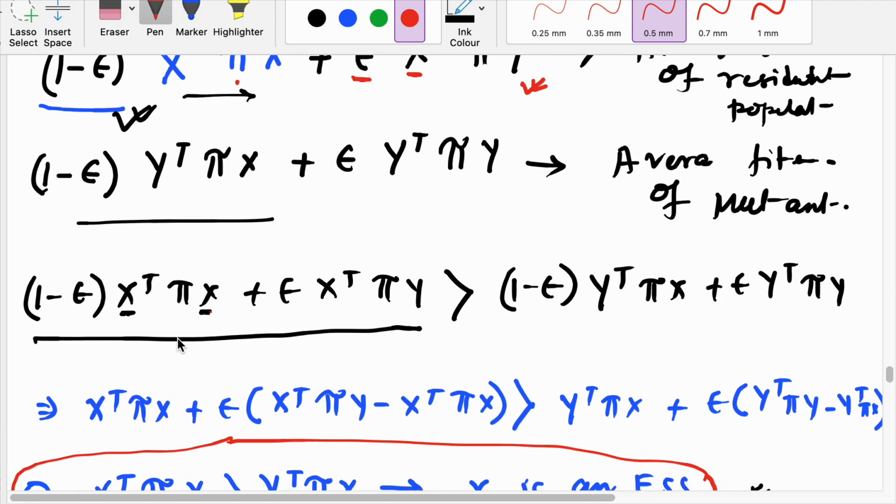We need the average fitness of the resident population to be greater than that of the mutant population.